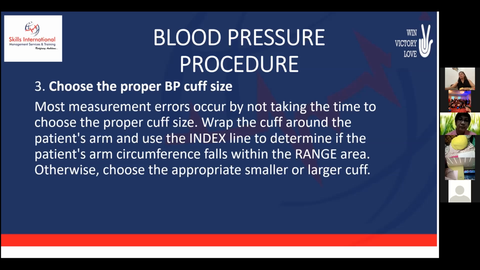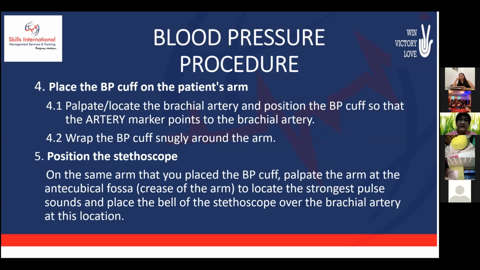As I mentioned before, kailangan mag-check tayo ng appropriate na proper BP cuff size. Pag nilagay natin yung BP cuff dun sa patient's arm, ipapalpate natin yung ating brachial artery. Pag napalpate natin yung brachial artery, 1 centimeter bago yung ating siko, yung ibabaw ng siko natin, dun natin irarap yung ating BP cuff.